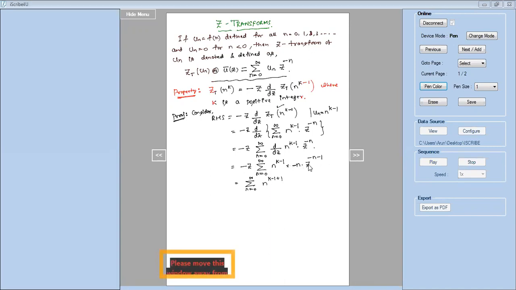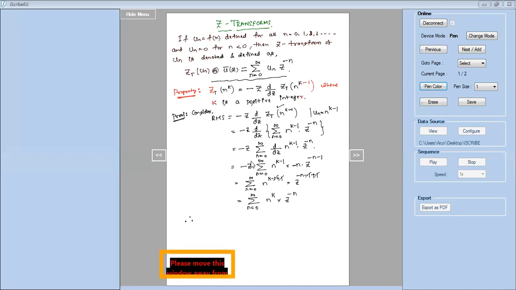Combine these two, it becomes z power minus n minus 1 plus 1, because this power was plus 1. So the minus 1 plus 1 gets cancelled. So we get summation n is equal to 0 to infinity n power k into z power minus n. Therefore we get the right hand side.